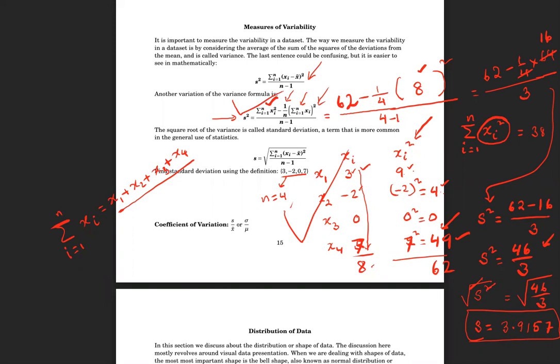In the computing world, they probably use this formula because it's easy to find the square of a number and sum up the numbers, right? So in my opinion, it really doesn't matter which one you use, so long as you understand. If you understand both of them, I'm happy for you.